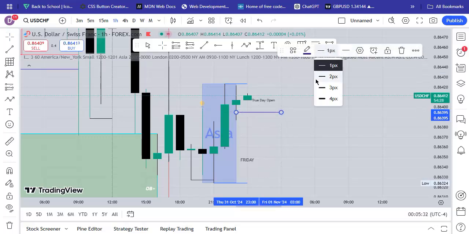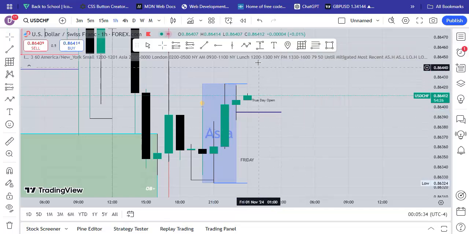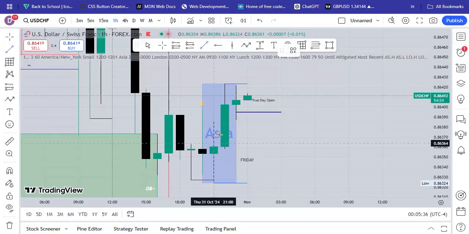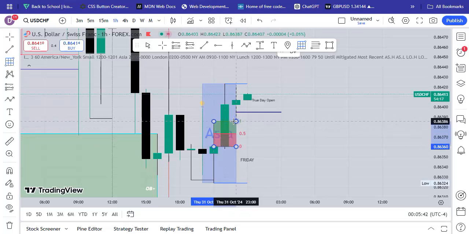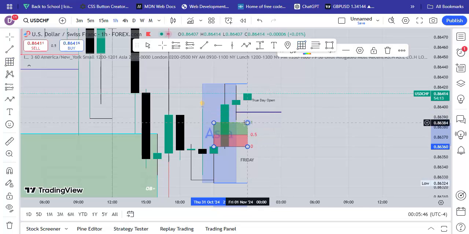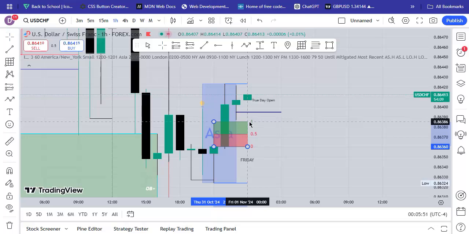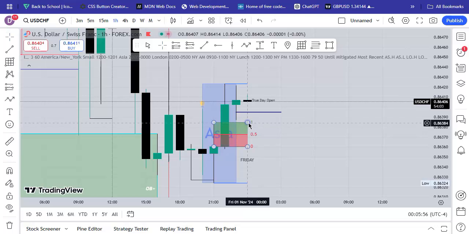What am I looking out for here? Right, so this could be an implied fair value gap, although not 100% my favorite thing, let me use the word. Sorry.